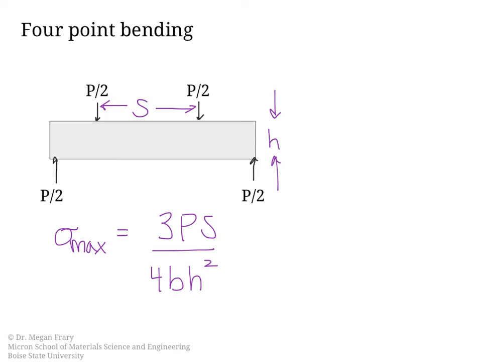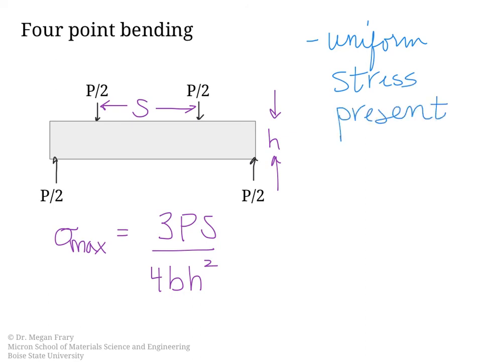4-point bend tests have some benefit over 3-point bend tests, the primary one being that there's a uniform stress present in the midsection of this bar over that span. So in the 3-point bend test, the load distribution is more triangular, and so you only really have the maximum stress at one point.